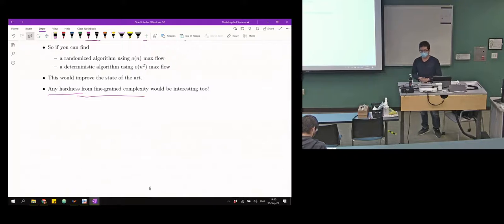For example, if the graph is a complete graph, a clique, and you are at one node x, and you want to go to a random node, you can just take one step of a random walk, right? And you get to a uniformly random node.